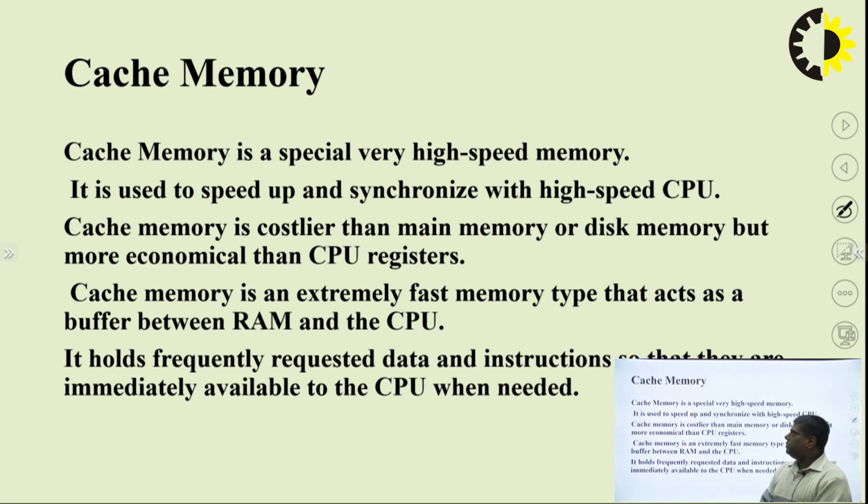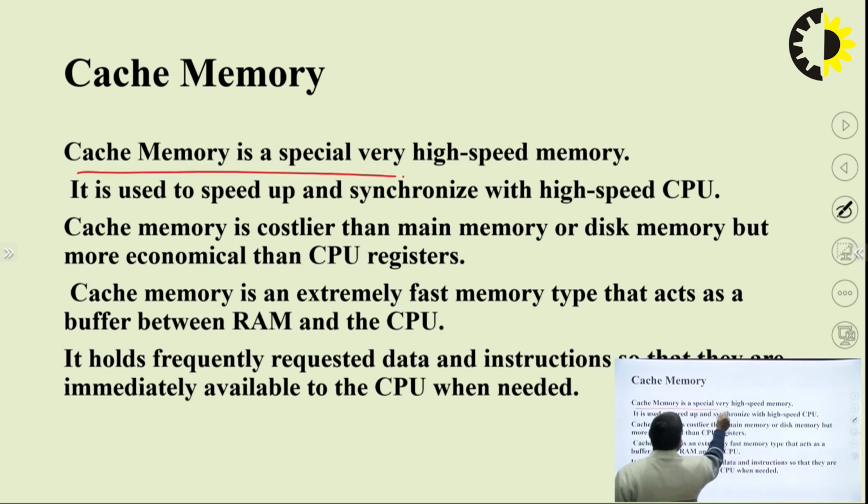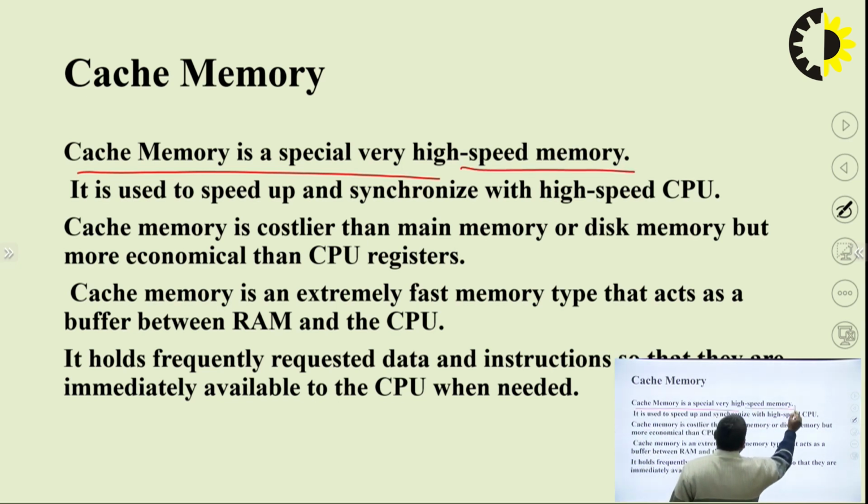So firstly I explain what is the cache. Cache memory is a very special type of memory with very high speed. It is used to increase the speed of the processor or CPU.